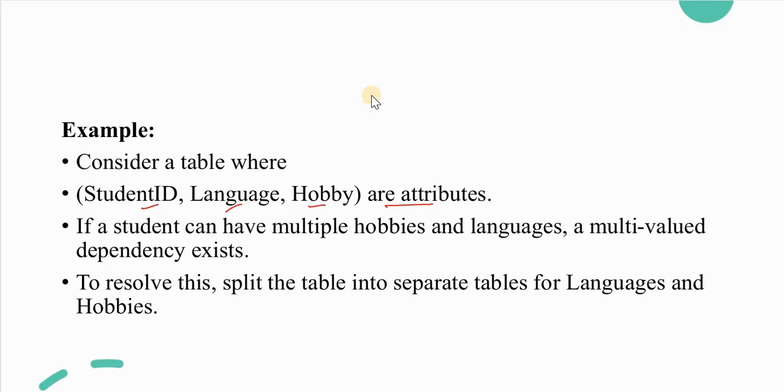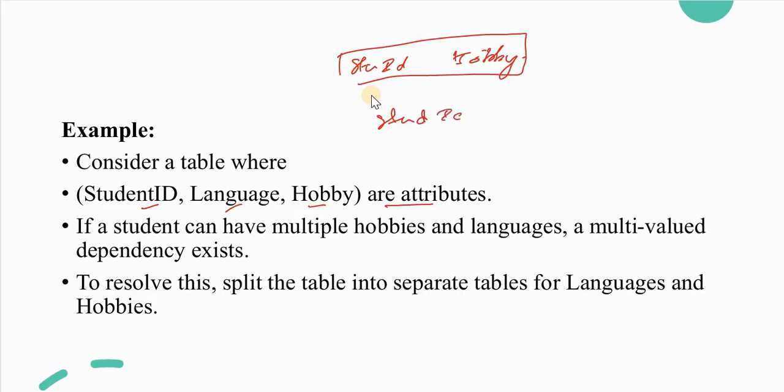So for this we have to decompose into smaller tables. How can I decompose? I can have student ID and hobby as one table, and student ID and language as another table. Like that I can decompose.